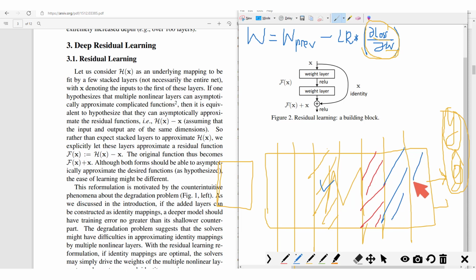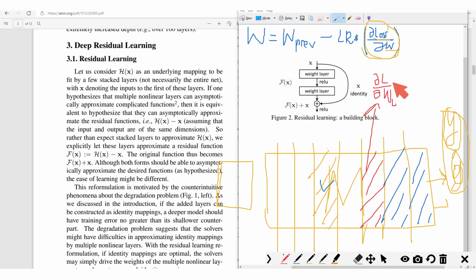Now the problem is, before explaining it, we need to understand that to get, for example, the partial derivative of the loss with respect to these different weights, there are many weights in this layer.